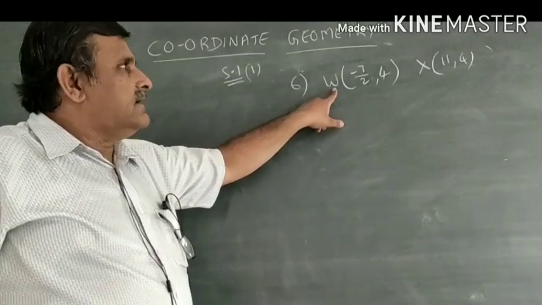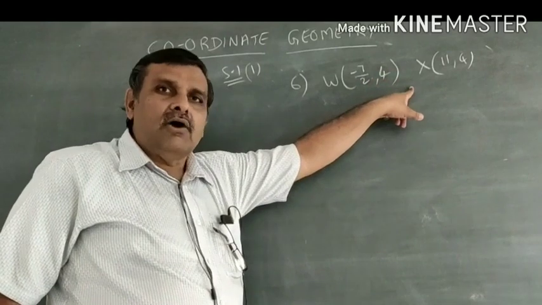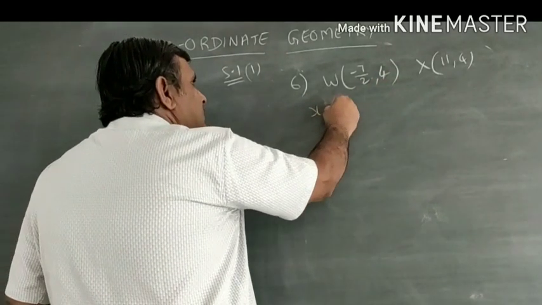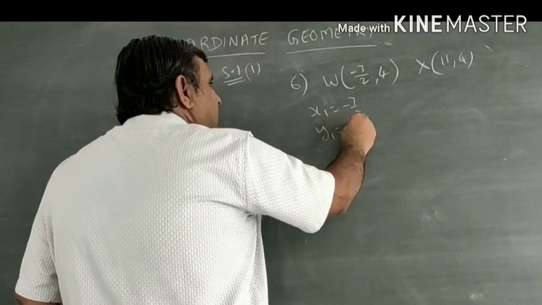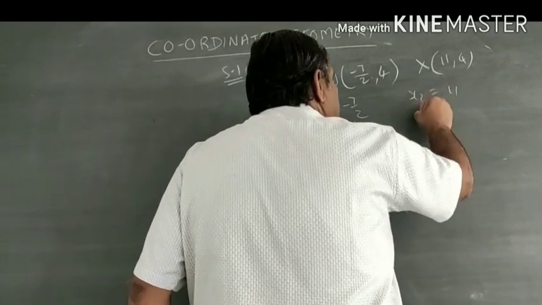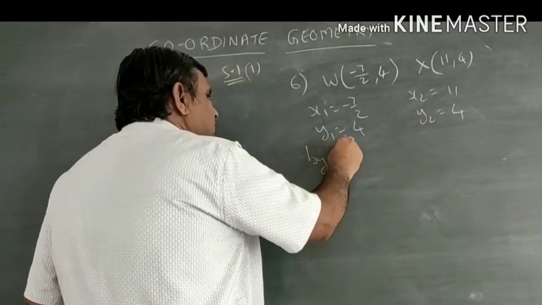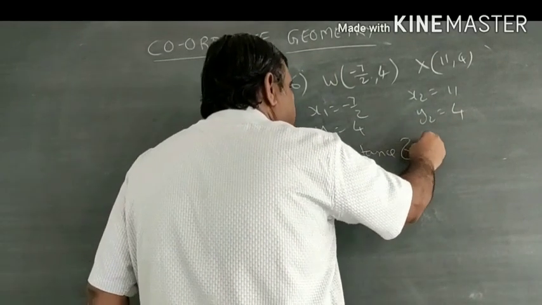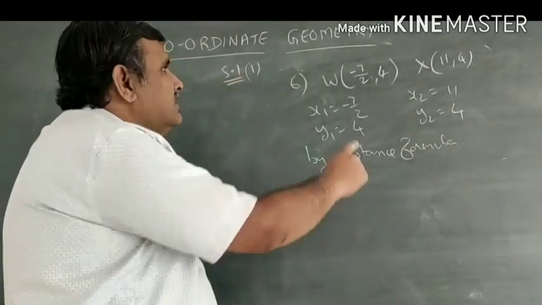See, coordinates are given: W minus 7 upon 2 comma 4 and X 11 comma 4. Now here, what is X1? X1 is minus 7 upon 2, Y1 is 4, X2 is 11 and Y2 is 4. Now again by distance formula, tell me what is the distance formula?